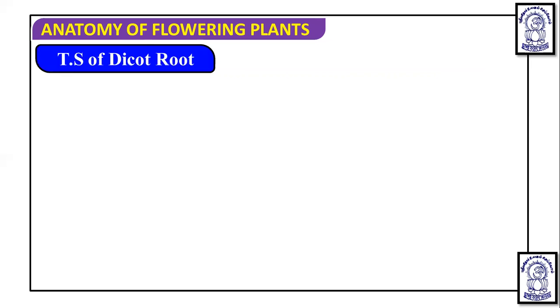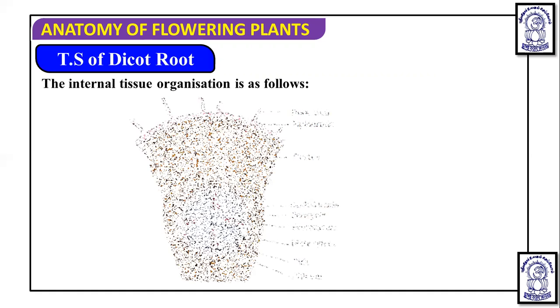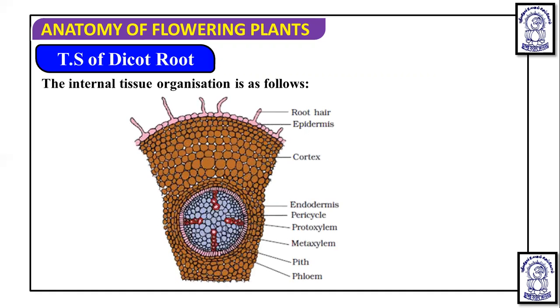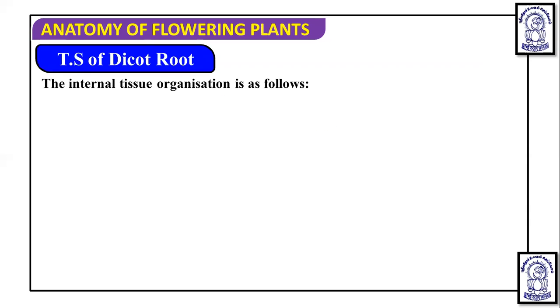Now, if we talk about the TS of dicot root, first we are taking the transverse section of a dicot root. When we take this transverse section, the internal tissue organization is as follows.